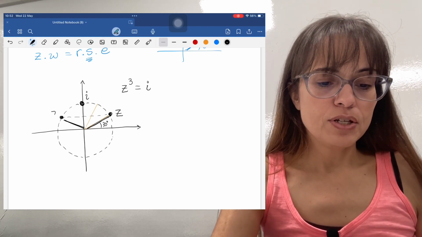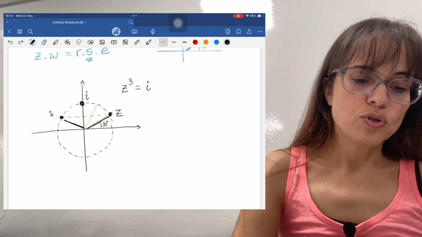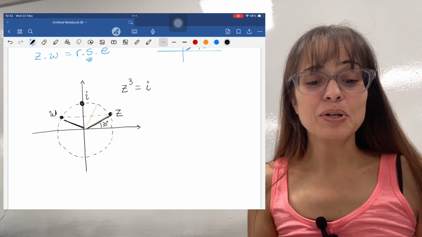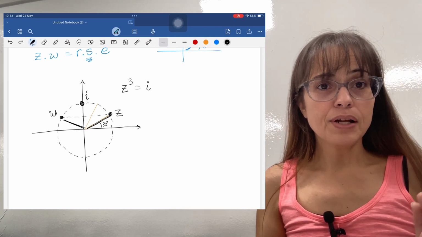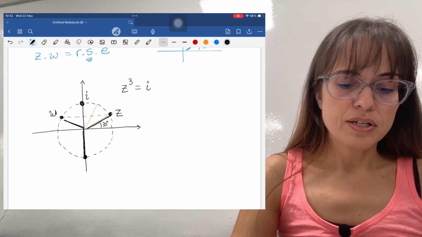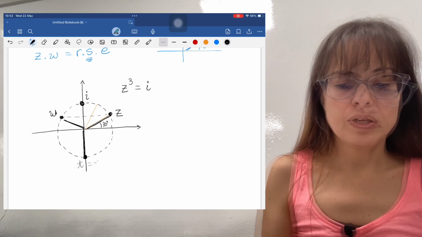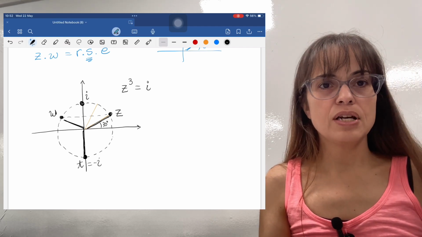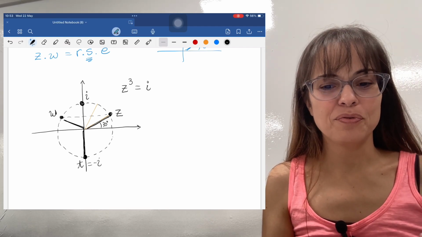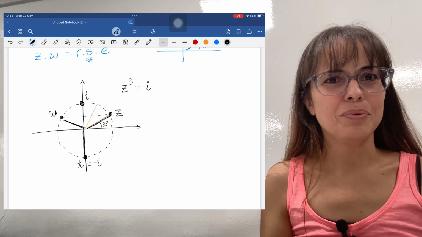And this one, well, I don't want to call it z squared this time, because it's not the square of the first one, but I'm going to call it w. And then another 120 degrees later, we are coincidentally right here. And this third answer is just negative i, which, if you think about it, yeah, negative i to the power of 3 is equal to i, right?